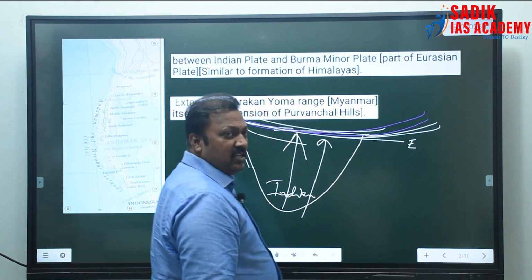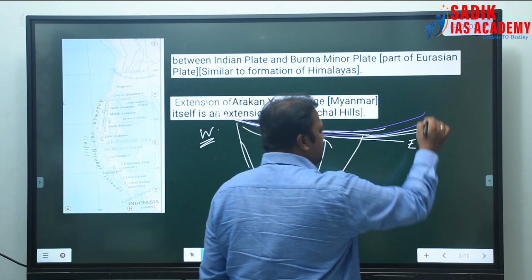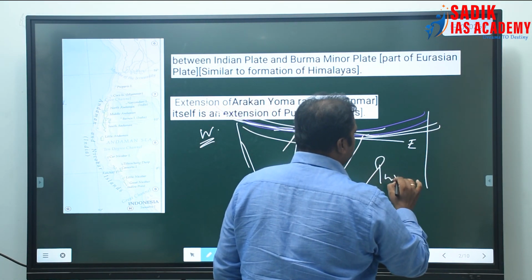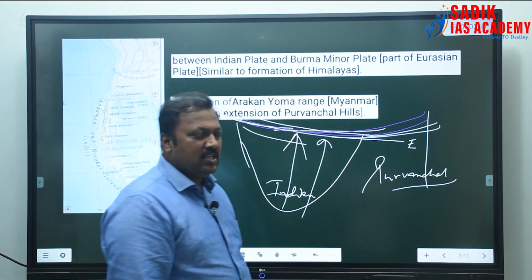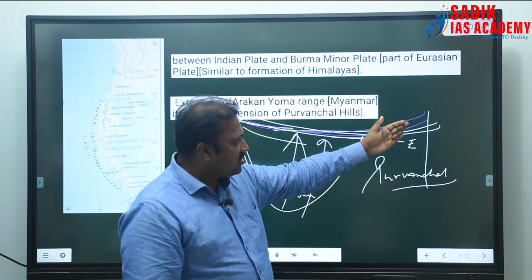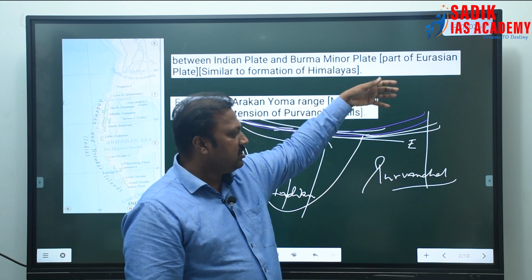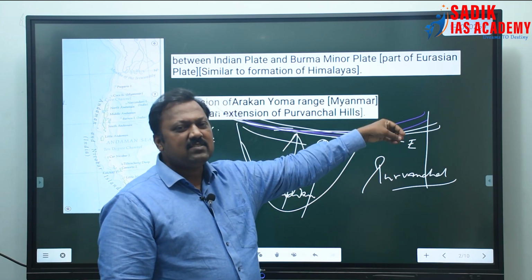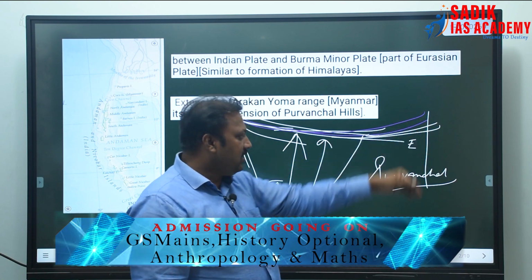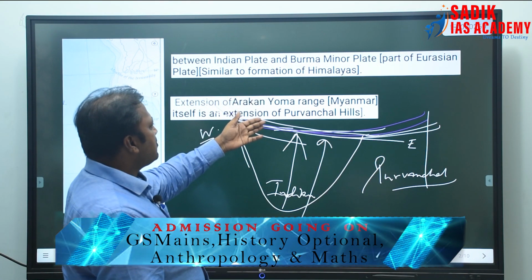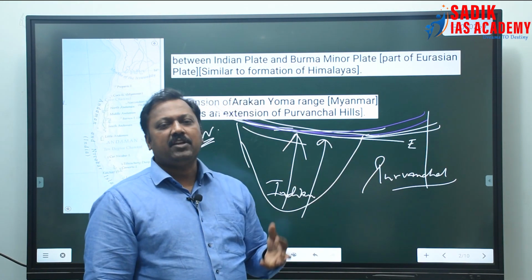In the east, the Himalayas form what is called Purvanchal, or otherwise the eastern Himalayas. That Purvanchal extends from India, that is northeastern India, to Burma or Myanmar. It extends to that place, and there it forms what is called the Arakan Yoma mountain range.